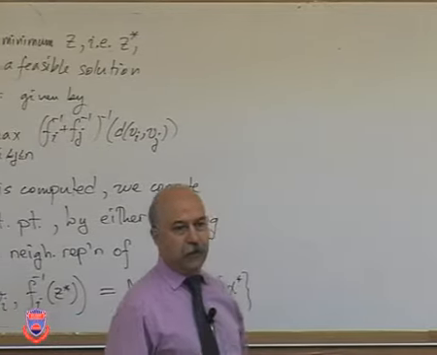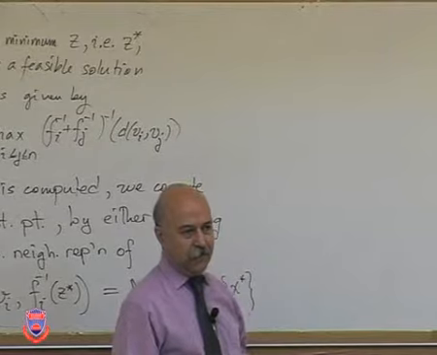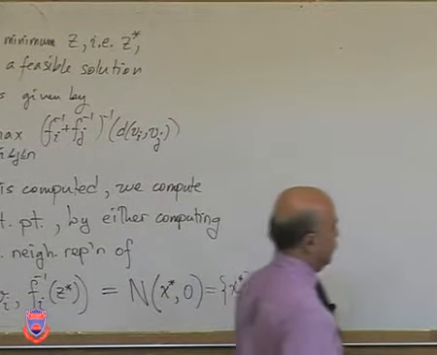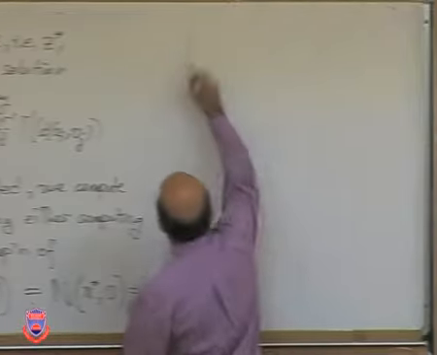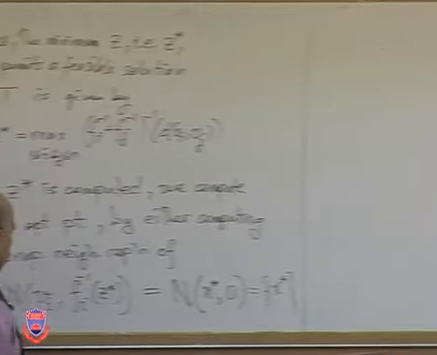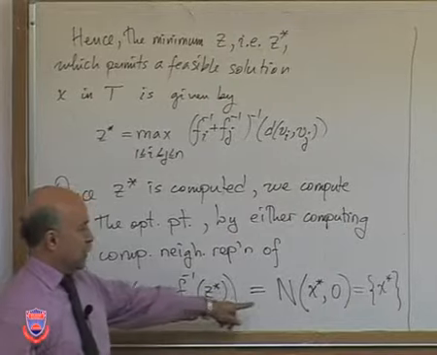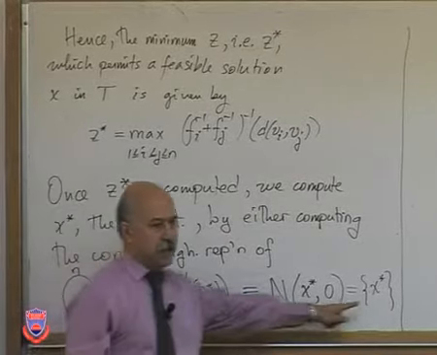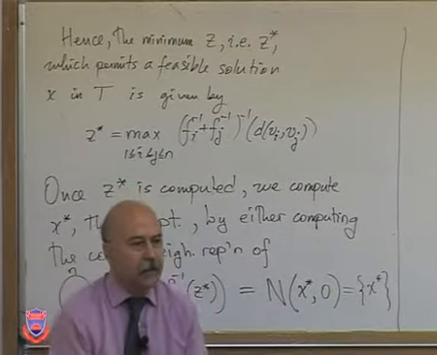Now we will start looking at the general case, but that's the main idea. By the way, before I go into the general case, is that the best way to compute your x star? Anybody suggesting a better method?